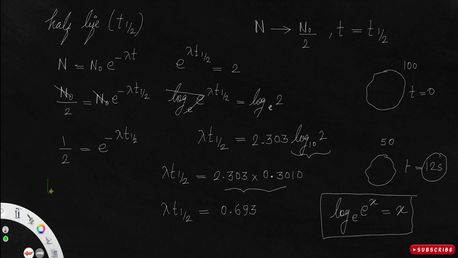So we have t half is equal to, taking this lambda to the right, 0.693 by lambda. That lambda is actually the decay constant. So from this expression itself, you can see that there is no n0 in here or n in here. That is, this n is absent in this equation. That means half-life doesn't depend on the initial value of the nuclei. Clear?